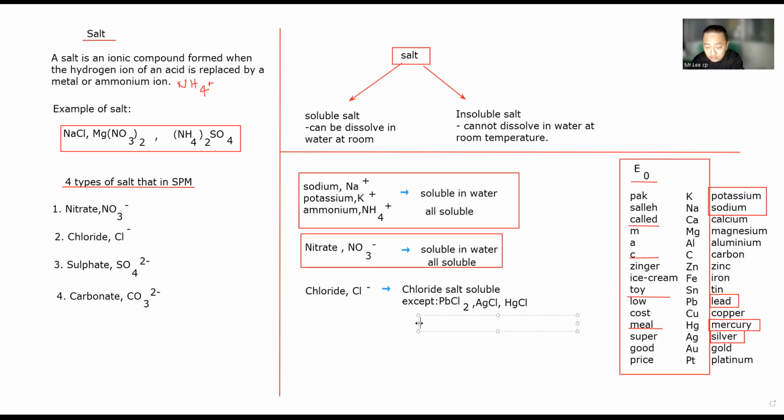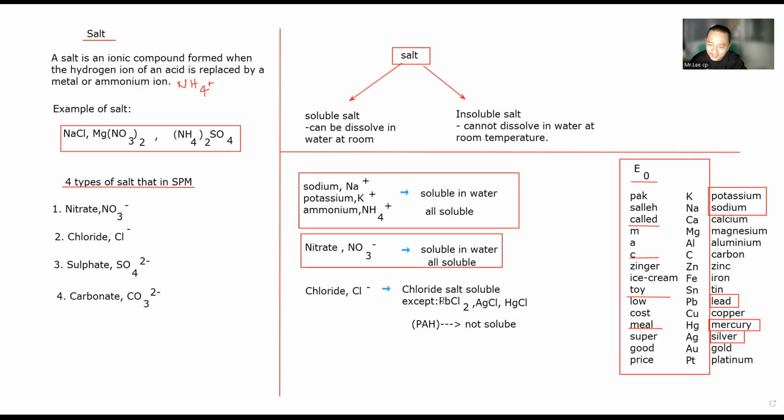So another word I want you to memorize: all chloride salts are soluble, except PbAgHg, not soluble. Can you memorize it for now? All chloride salts are soluble except PbAgHg.